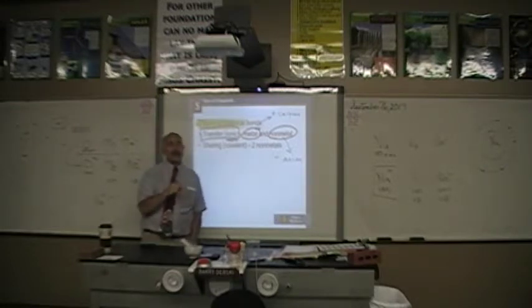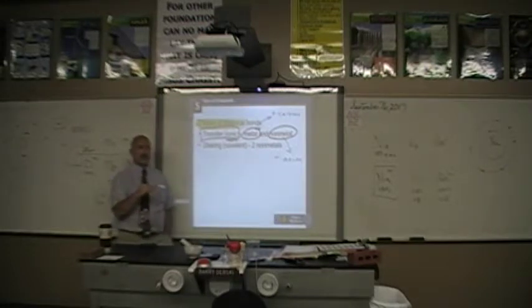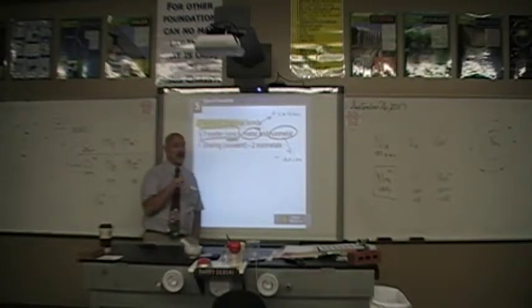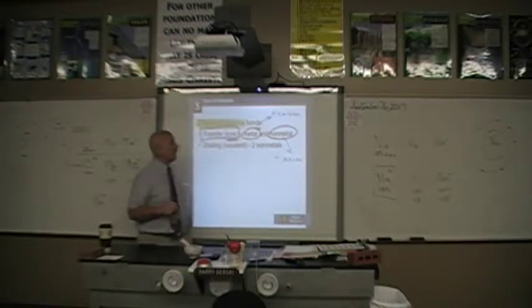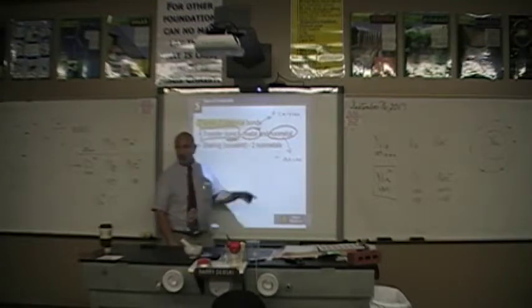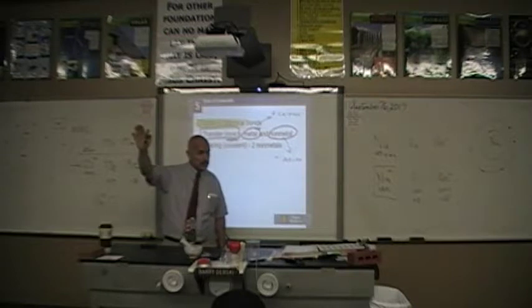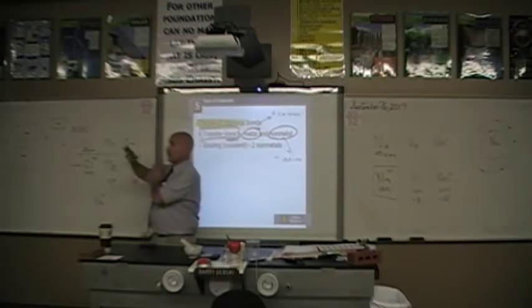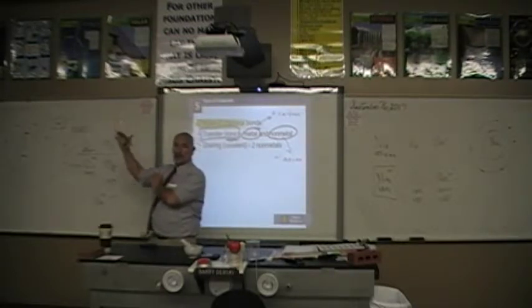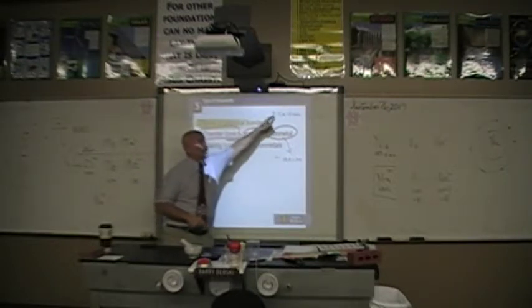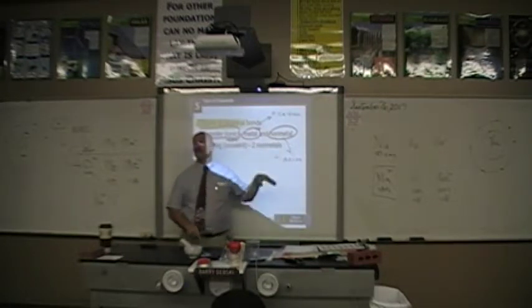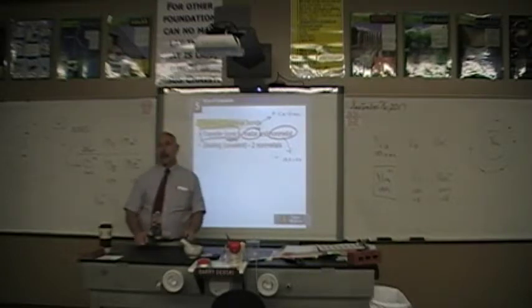And when we get to the end of the chapter, one of the things you're going to have to be able to do is, if I give you two elements, you're going to have to tell me, is it going to form an ionic bond or a covalent bond? So ionic bonds are always going to be a metal, something to the left of the staircase, and a non-metal, something to the right of the staircase. Because metals only form positive ions, and non-metals only form negative ions.